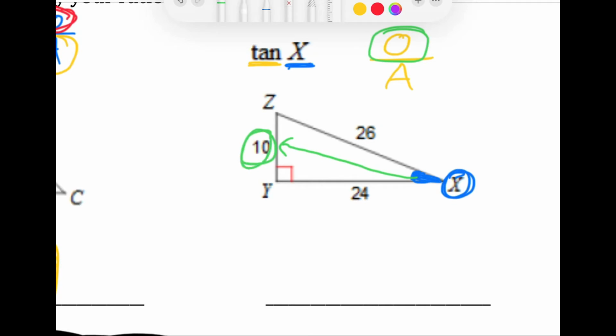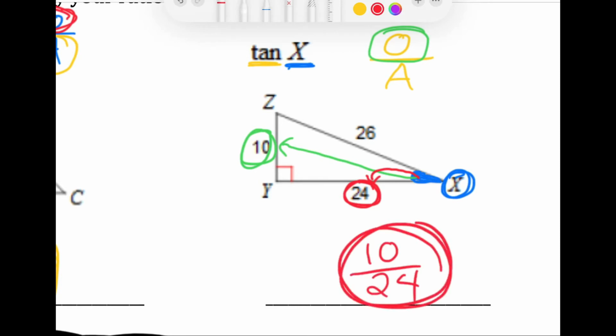So we've got opposite of 10. And then adjacent side of the angle, the side that it touches but is not the hypotenuse, is 24. So our answer of tangent of X is 10 over 24. And that is our answer.